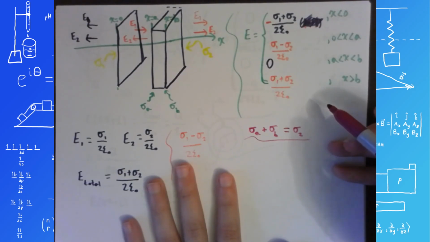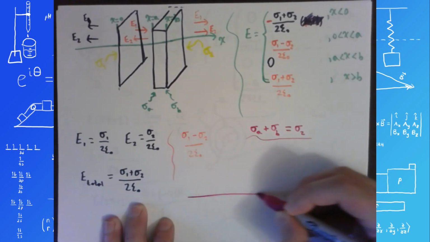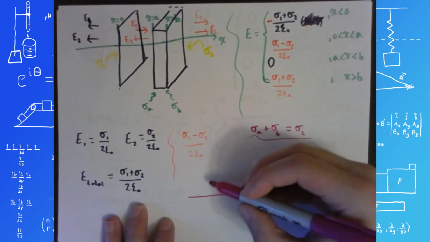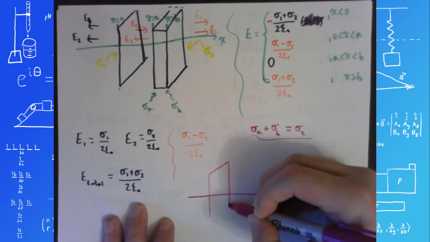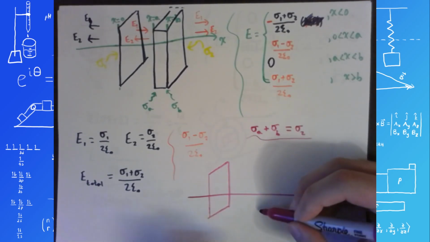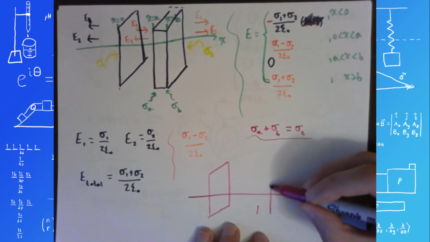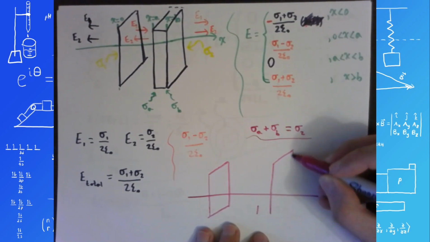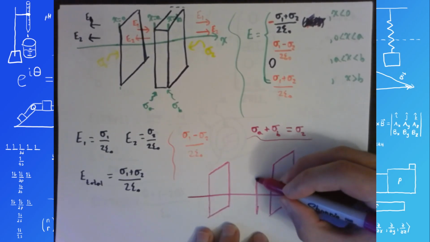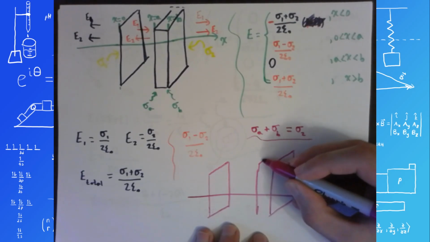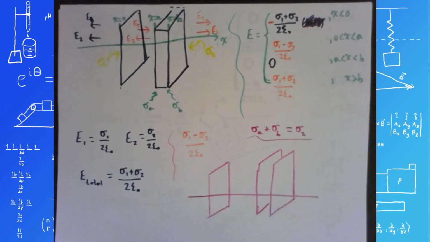Okay, the electric fields that they generate, if I redraw this whole situation, but instead of drawing a sheet and a slab, I draw 3 sheets. Okay, something like that.